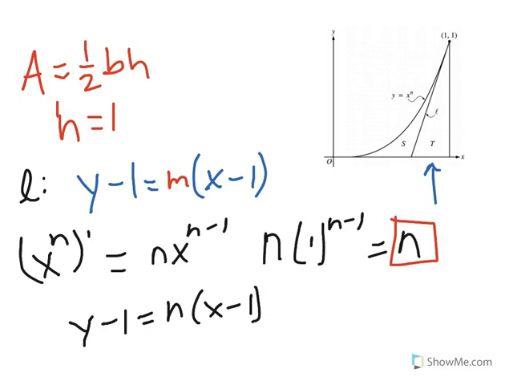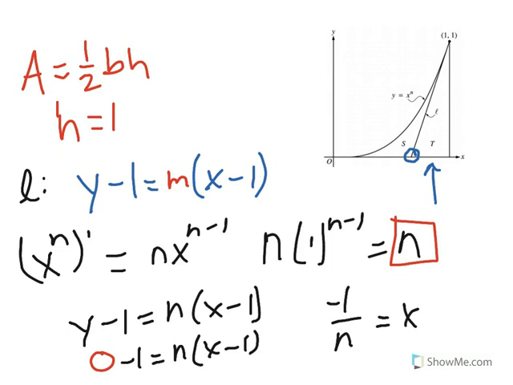Now, I really need to find out the coordinates of this point right here where L crosses the x-axis. And that's going to happen when y equals 0. So if I just plug in a 0 here, I can solve for x. I'm going to divide by n, and that is x minus 1, and then add 1 to both sides, and you get x equals 1 minus 1 over n.